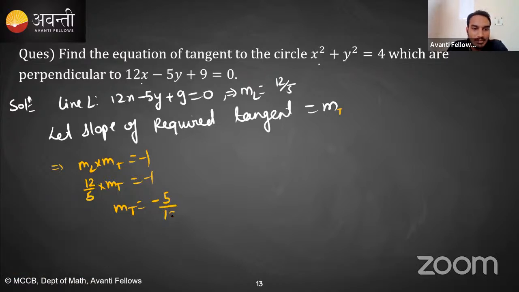So minus 5 by 12 is the slope of the tangent. Now for a line having this slope, we can directly write the equation of the tangent.